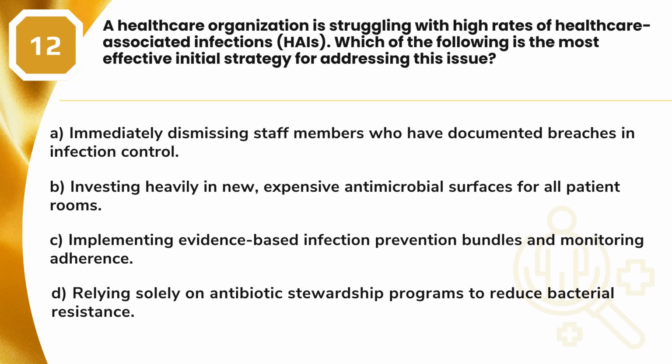B. Investing heavily in new, expensive antimicrobial surfaces for all patient rooms. C. Implementing evidence-based infection prevention bundles and monitoring adherence. D. Relying solely on antibiotic stewardship programs to reduce bacterial resistance.